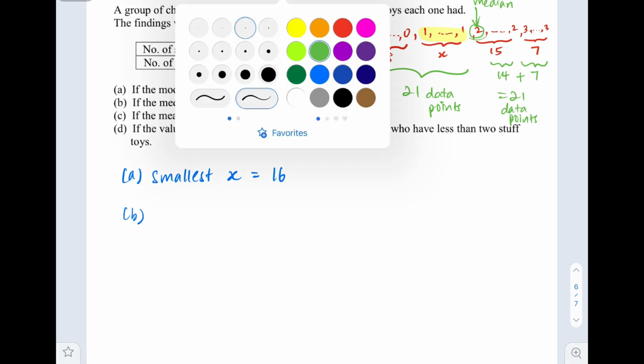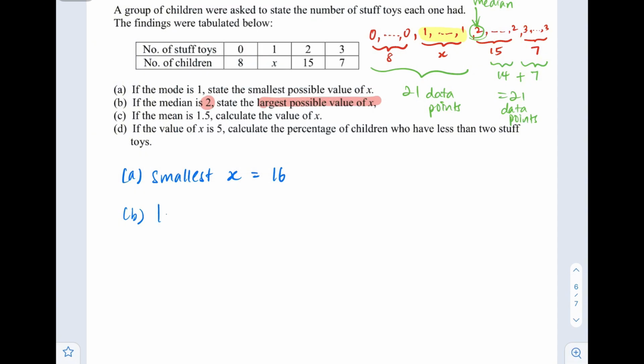My largest X has to be 21 minus 8, because 21 is the largest possible number of data points that I can have in front of the median 2. I already have 8 zeros, so I need to subtract that away. And so 21 minus 8, you have 13. So the largest X is 13.